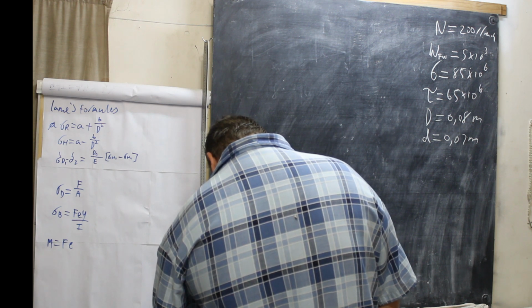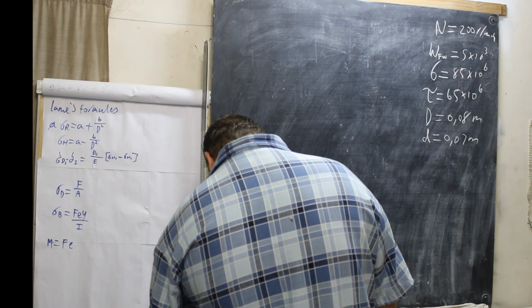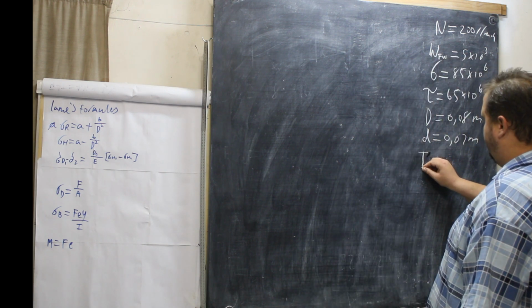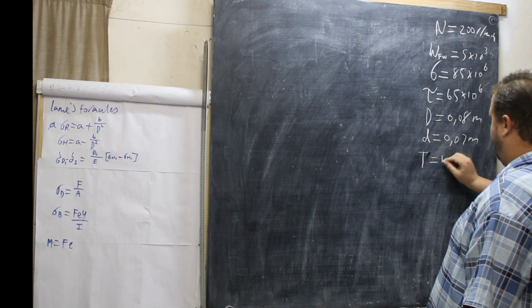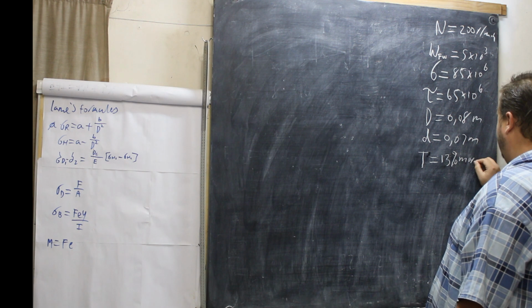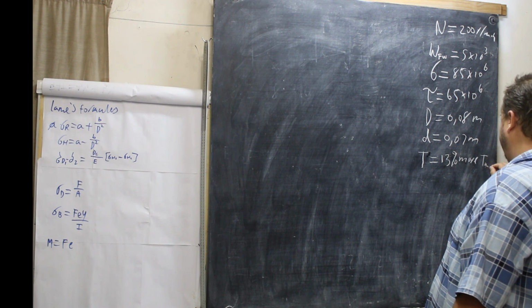Calculate the power that can be transmitted by the shaft if the maximum torque is 13% more than the mean torque. So, T equals 13% more of T mean.